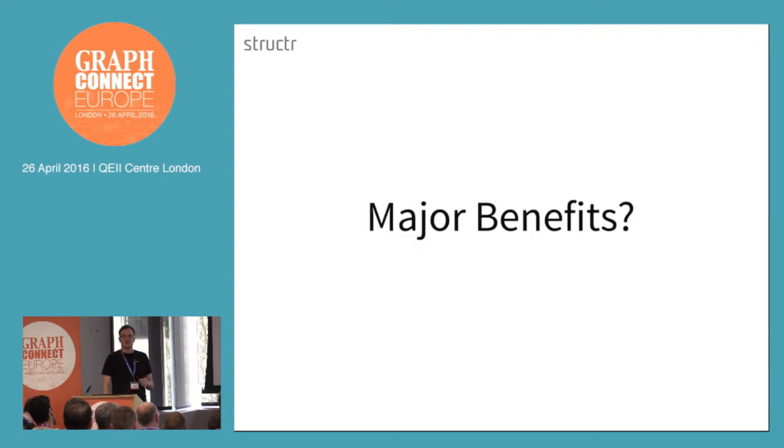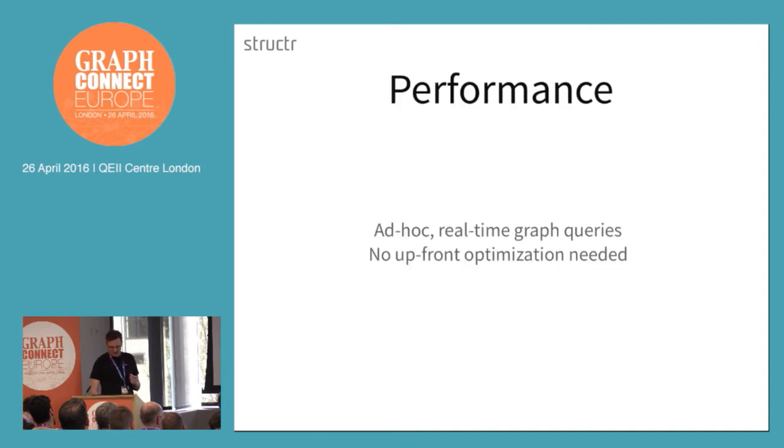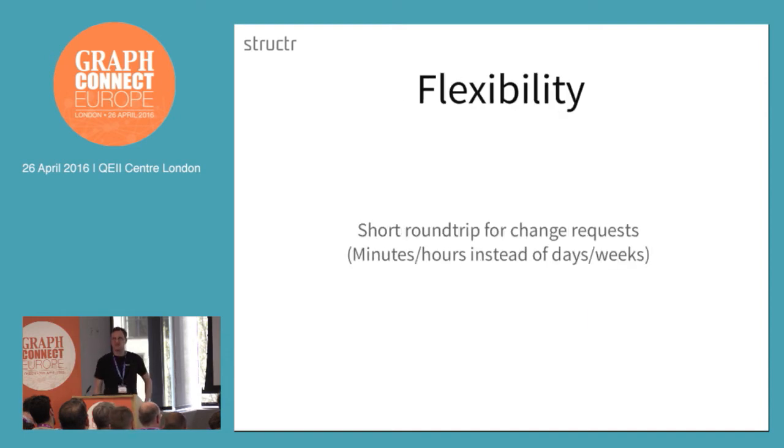What are the major benefits of this technology or this platform? I would say, and this is already in the title of the talk, flexibility is number one. You can start small and then just extend the data model and the application step by step. For example, you can start with one department and just create a small data model and a small micro app just for a few people.